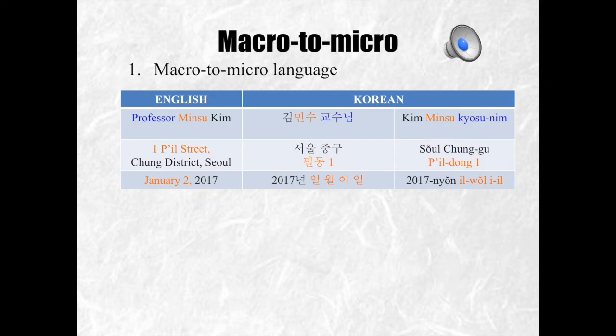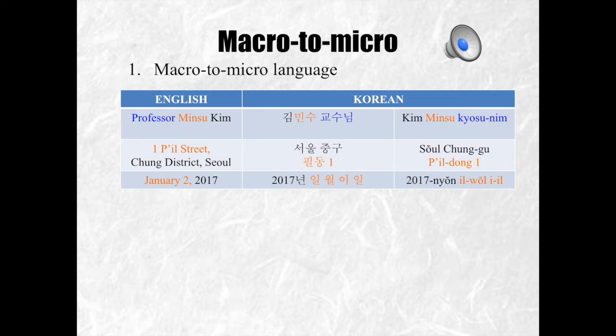But in Korean, it's the other way. How dare I put my address first? The city that I belong to comes first. The country I belong to comes first. So Seoul comes first. Junggu, the district, comes next. And then Piltong, and then Won, which is the street name, next. So from big to small.